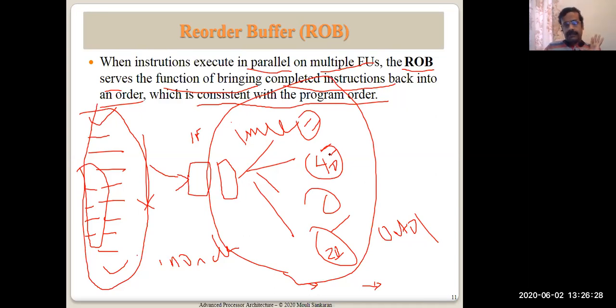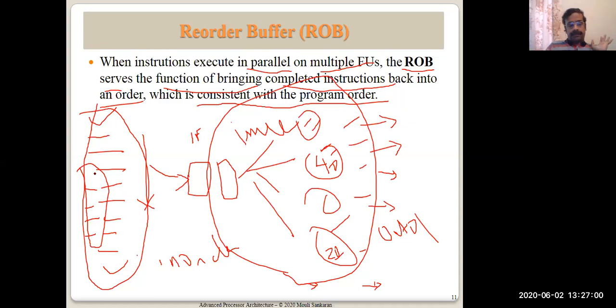Operands are correct. But the problem is they are completing out of order. Something started earlier will end later. Something started later will finish early. Instructions are getting completed out of sequence, in a random fashion, totally out of order.